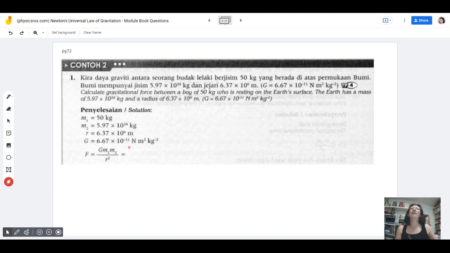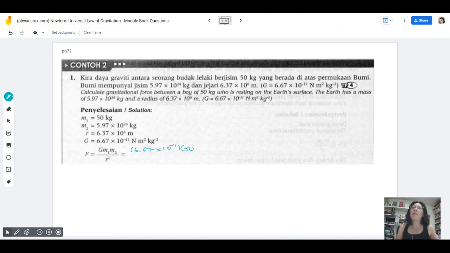Okay. So this example has already given us a formula. All you need to do is substitute the values in. So G, as we know, is 6.67 times 10 to the power negative 11. My apologies for the bad handwriting. I'm struggling with the tablet a little bit because it's not easy to write nicely on Jamboard with this.